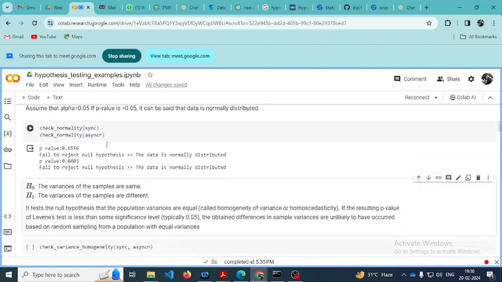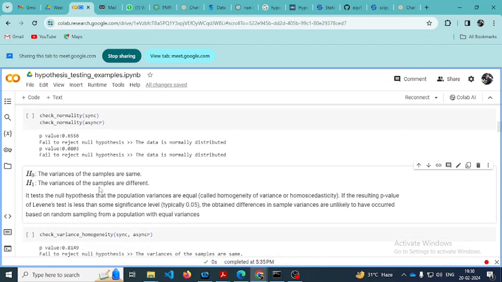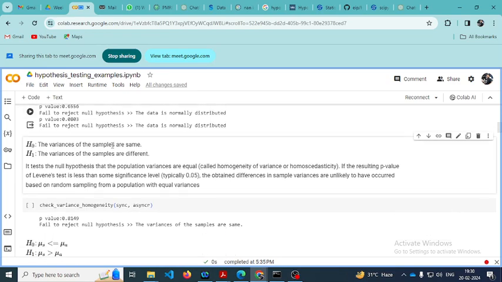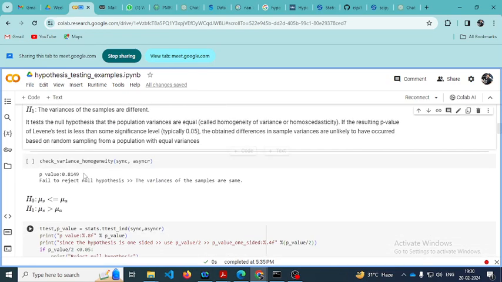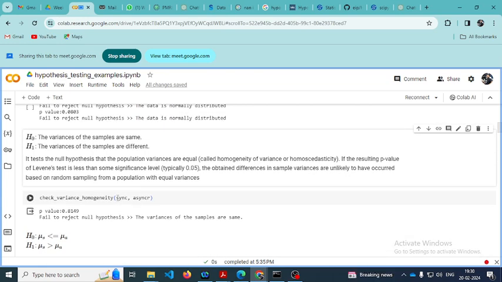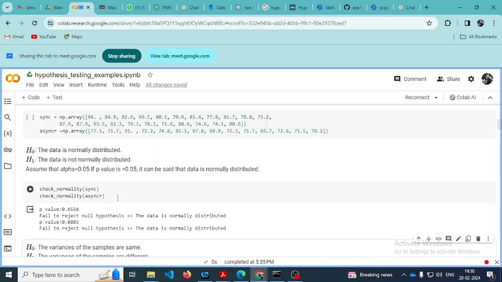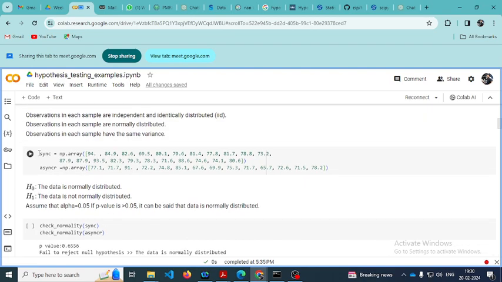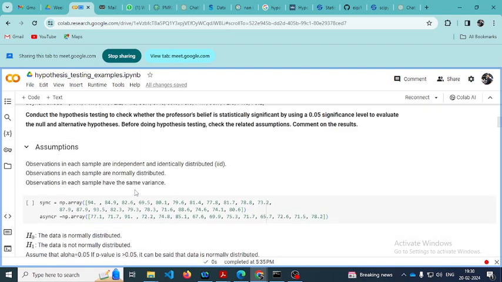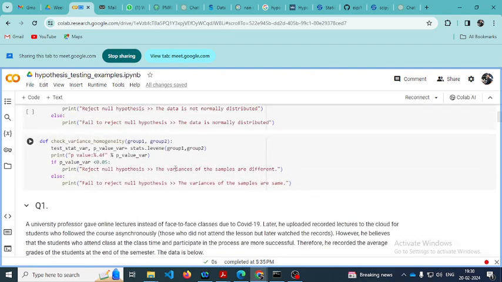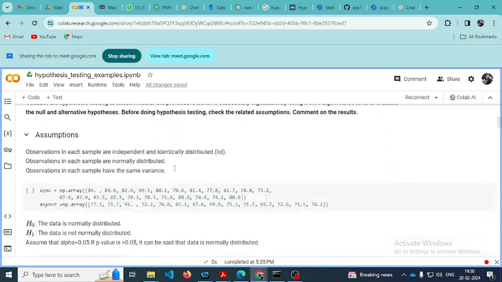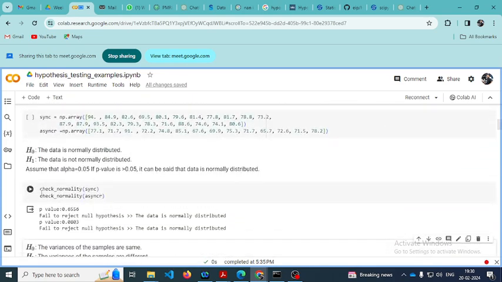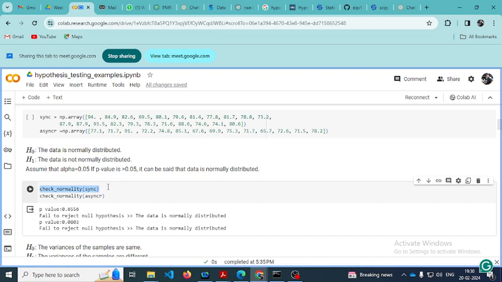Based on these two hypotheses that I'm going to assume, you check again. You call these functionalities by passing these values. For example, the initial thing is I want to check whether my data is normally distributed or not. For that, you already defined this check normality function.